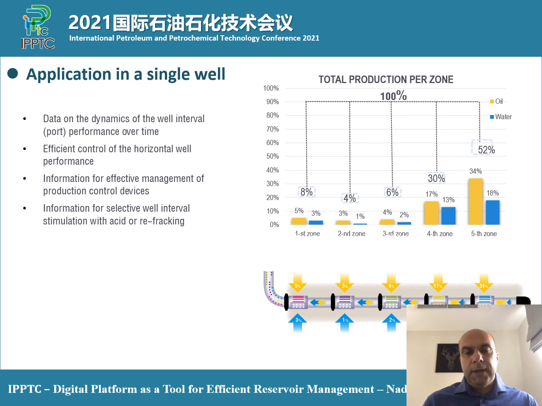So just to quickly give you a flavor of what you can get in terms of sample data, it is basically production contribution, in this case of the two-phase flow, where you can see a production contribution of the oil phase in every single zone. In this case, there are 5 zones in a horizontal section that has open hole downhole completion. And you can also see that you can obtain the zonal contribution of water of each zone.